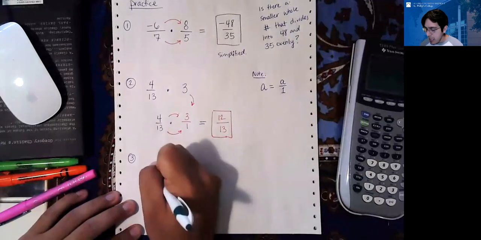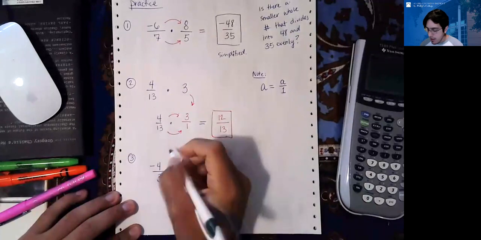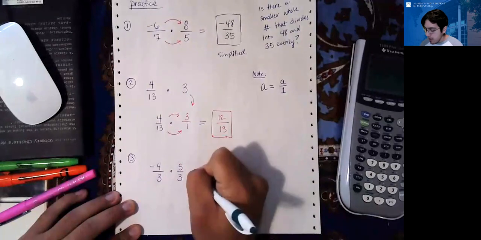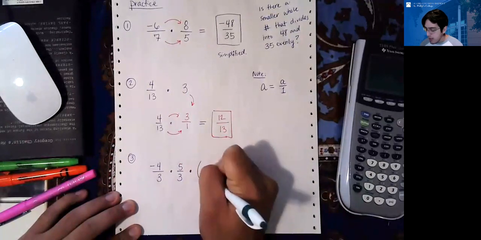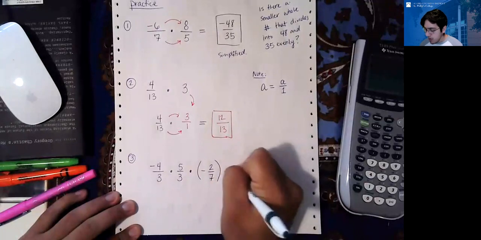Okay. If I have negative 4/3 times 5/3 times negative 2 over 7, what should the result there be?